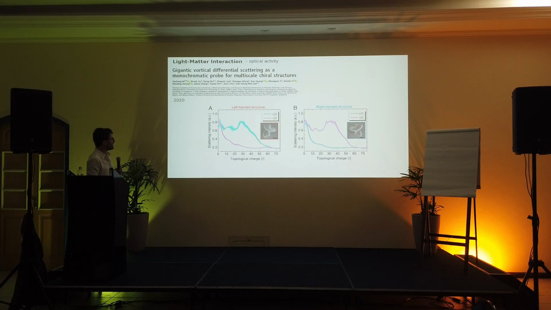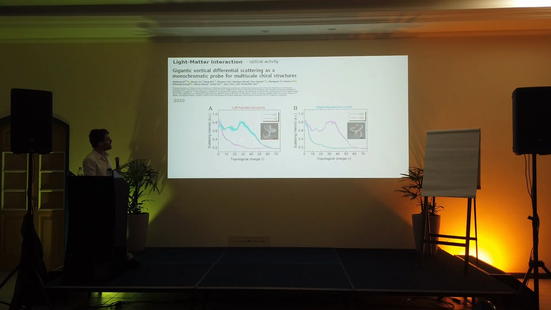So you see what they do here, they change the orbital angular momentum of the beam, using spatial light modulators, where they can change it very easily, from 70 down to 0 and then up to minus 70. And you see that the one that's plus, in this case, scatters a lot, and in the case where the structure has the other direction, the one that's minus scatters a lot.